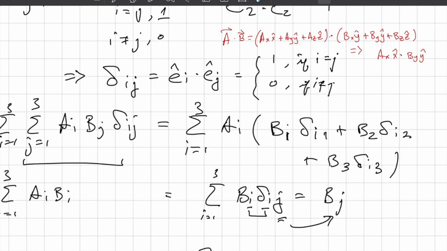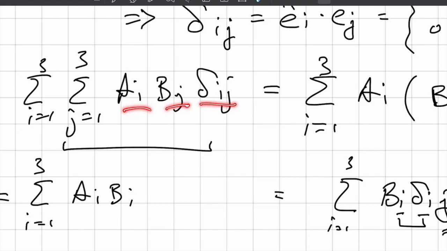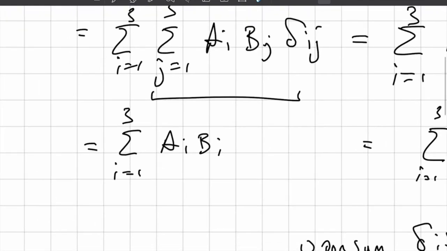Okay. So now when we go back to our original problem here, we have Ai Bj Kronecker delta ij, and when we do the sum over J, it simply replaces this J with this I. Leaving us with what we could have written down in the beginning of A dot B as being Ax Bx plus Ay By plus Az Bz.